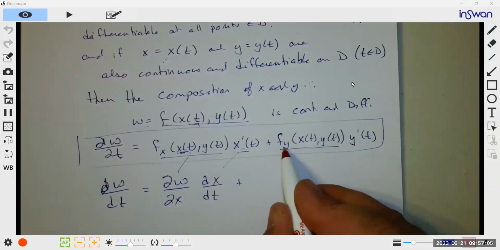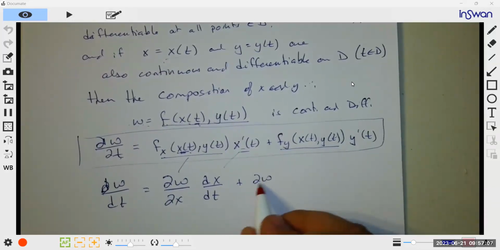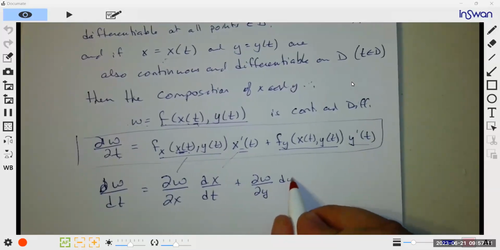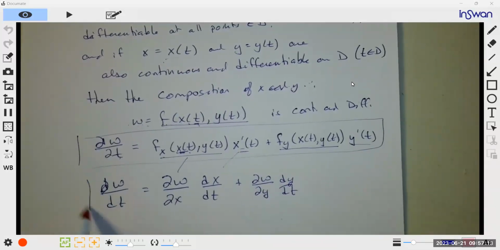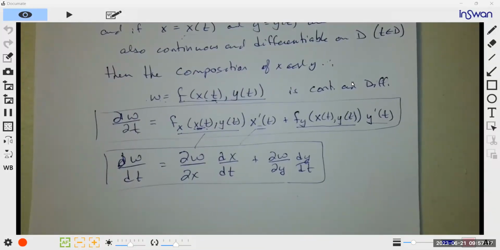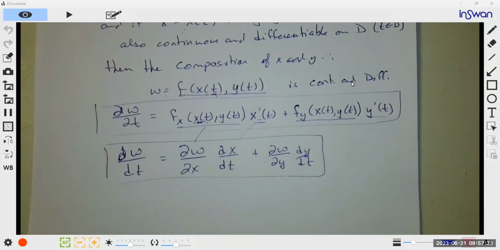This one is a partial with respect to y, and then y with respect to t. All right, so that's pretty much what it's looking like, and it grows even further. If we had z, we have a plus partial of w over z, times dz dt.